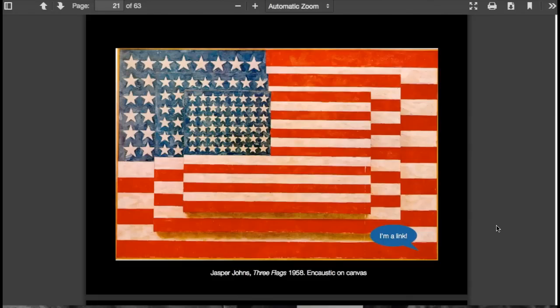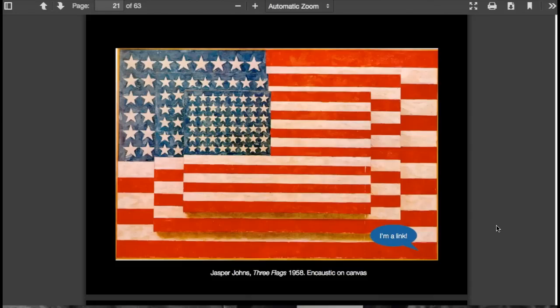This one is Three Flags, and he's a very interesting character, giving us a very approachable representation of this image, but very non-committal also, in a way of not really telling us what this is about, but just representing it.